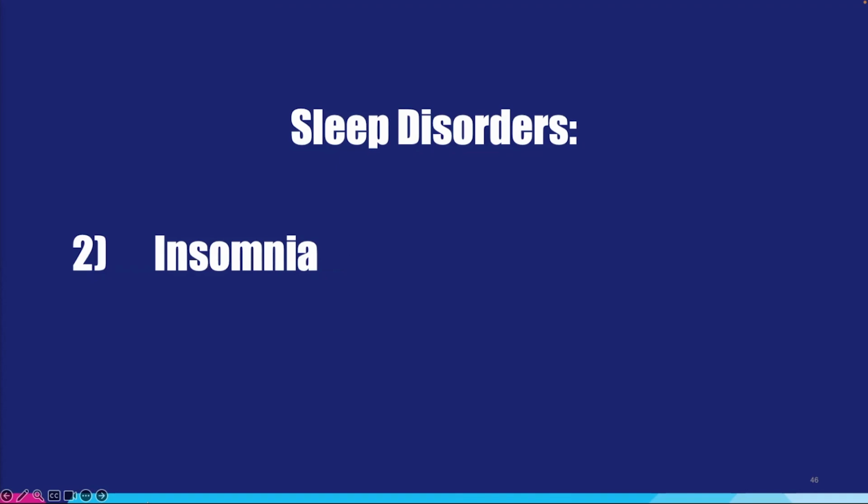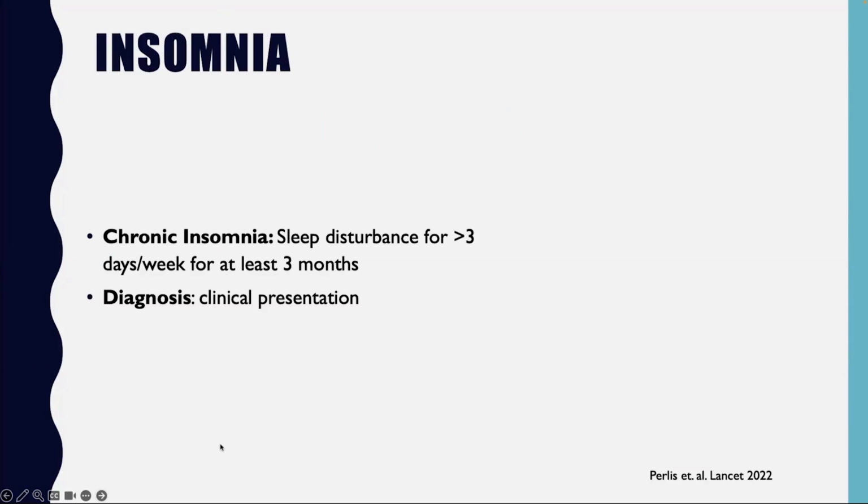So next I want to discuss insomnia, and I'll try to be brief. I know I talked a lot about sleep apnea, but this is also something very common you're going to see in your patient population. So what is insomnia? Chronic insomnia is defined as a sleep disturbance for greater than 3 days per week for at least 3 months, and it is a clinical diagnosis.